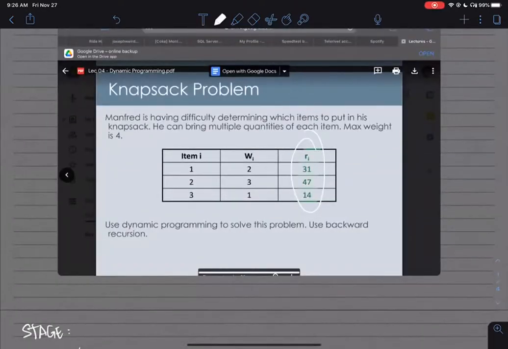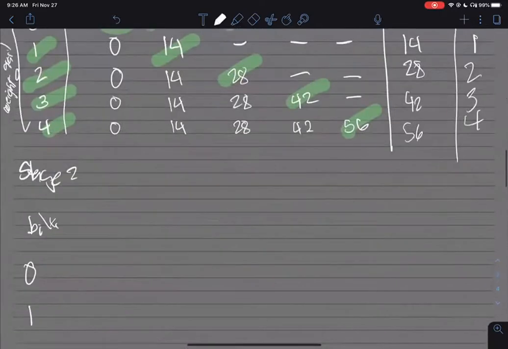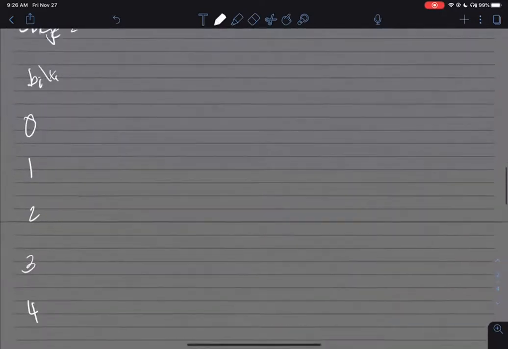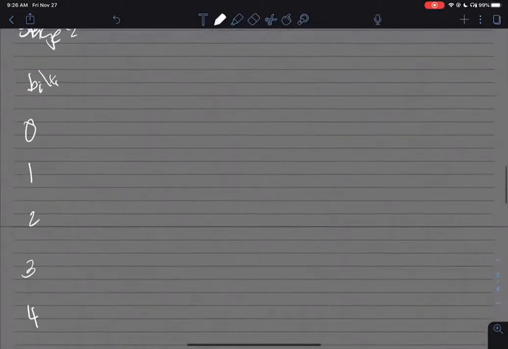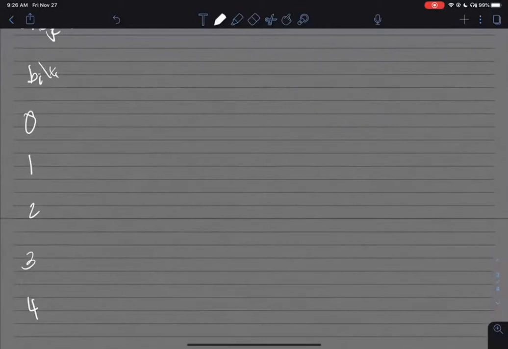And your possible alternatives are, okay, the weight of item 2 is 3 units. Therefore, what are the possible alternatives for item 2? Alicia? If the maximum weight of the backpack is 4, item 2 has a weight of 3 units. What are the possible alternatives for item 2?